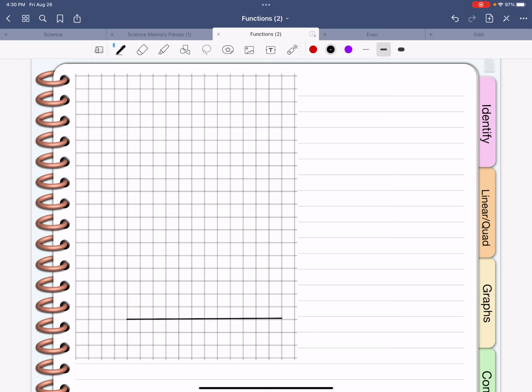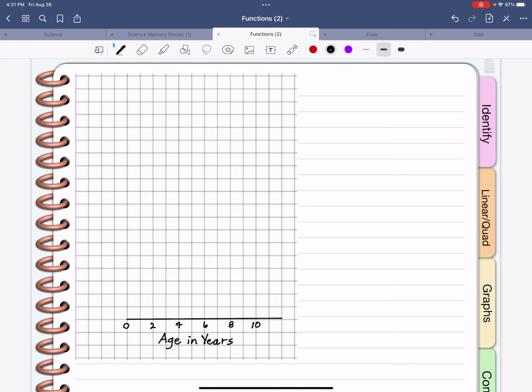Okay, in this graph, the independent variable is age in years. And we have an age from 0, 2, 4, 6, 8, 10.